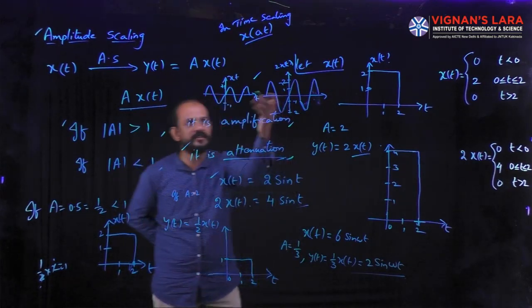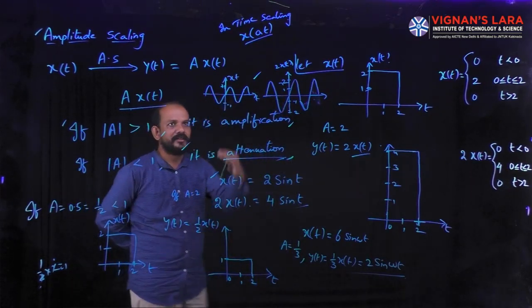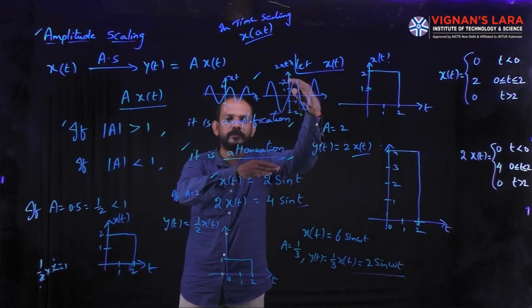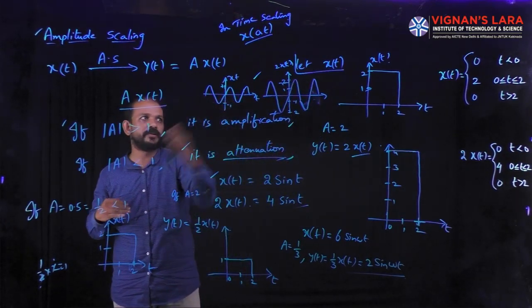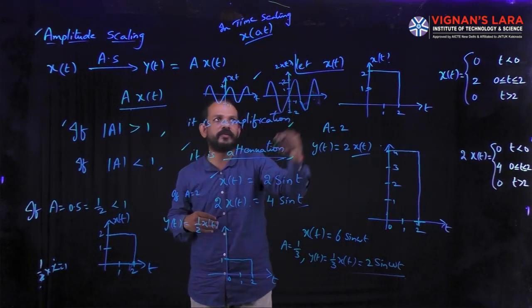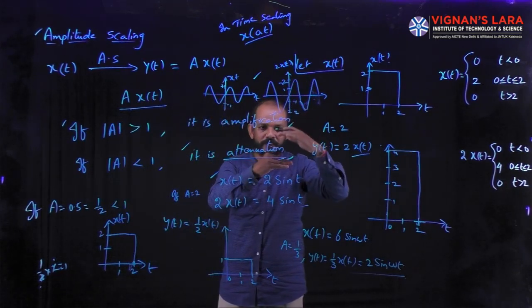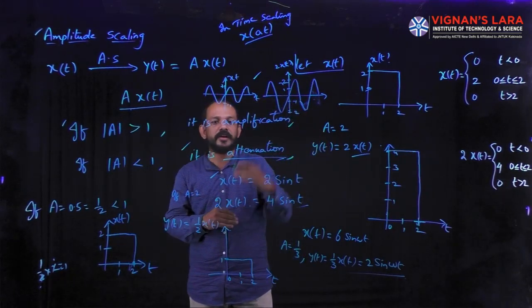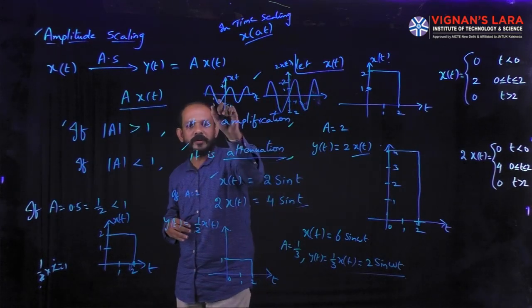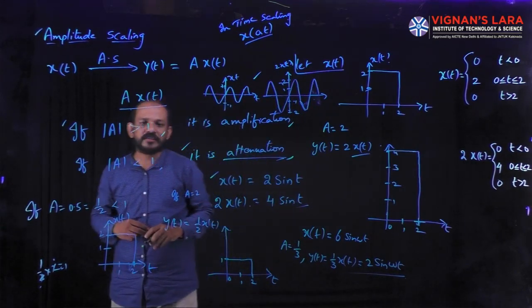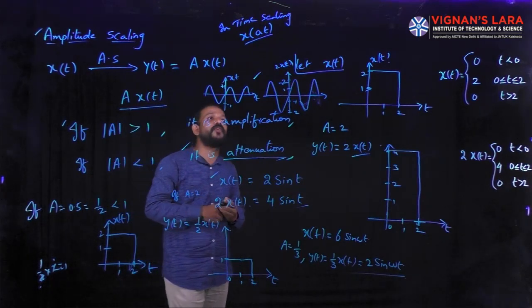Or you can represent with the help of a diagram also. Here the 1 is increased to 2. If I go for 1 by 2 into x of t for this signal, what happens? The amplitude will be reduced. That is, it will become 0.5, because 1 by 2 into 1 is 0.5. Okay.